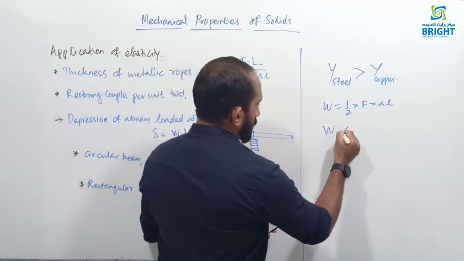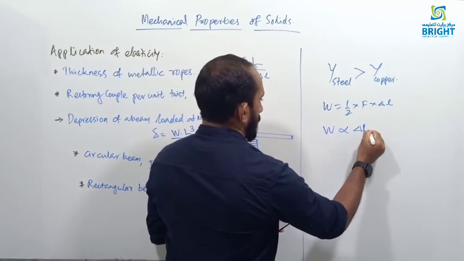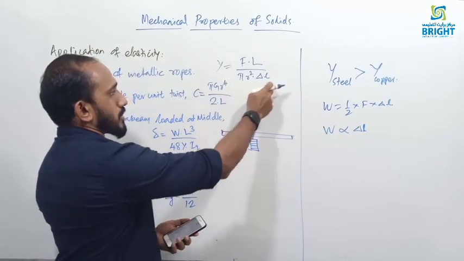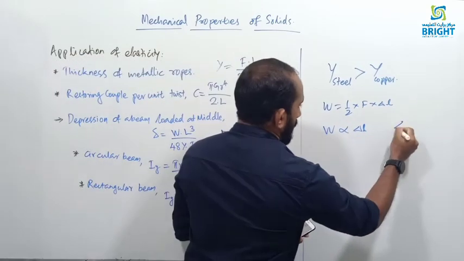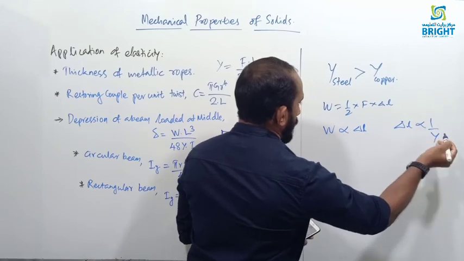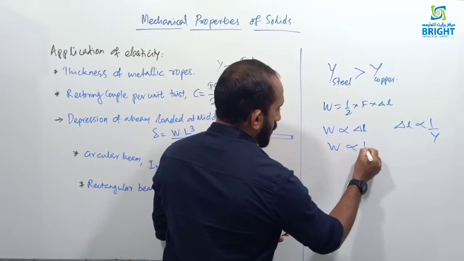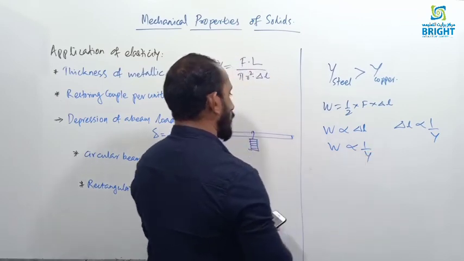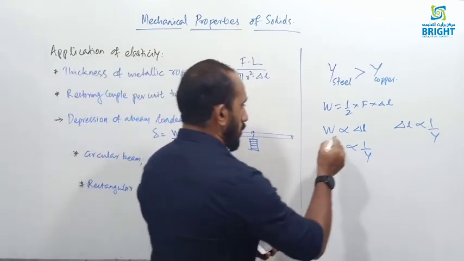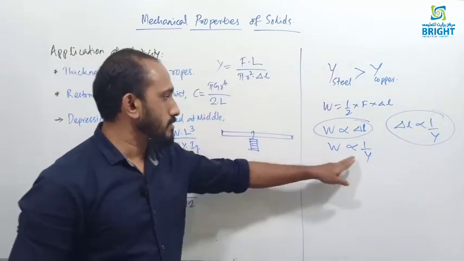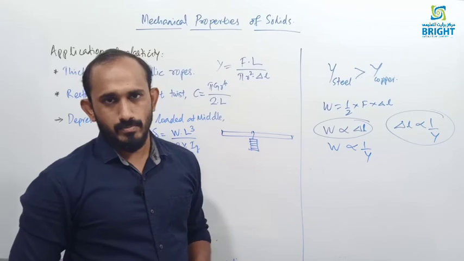So the work done is proportional to delta L, we can say. Now from the Young's modulus equation, we can say this delta L is inversely proportional to Young's modulus. So from these two concepts, you can make out that work done is inversely proportional to Young's modulus.